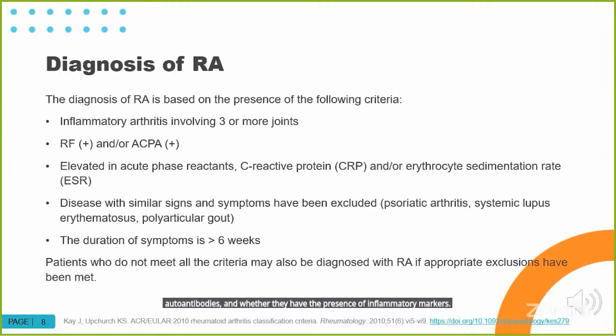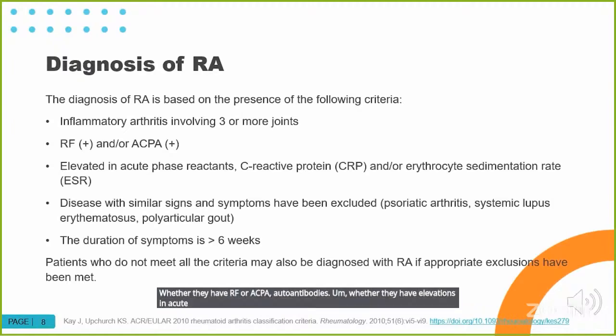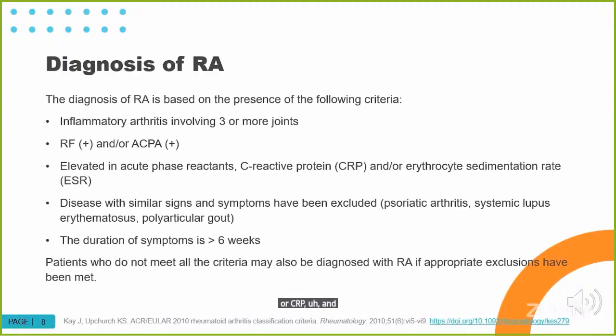So diagnostic criteria usually looks at whether the patient has inflammation or inflammatory arthritis involving 3 or more joints, whether they have RF or ACPA autoantibodies, whether they have elevations in acute inflammatory phase reactants such as C-reactive protein or CRP, and or elevations in erythrocyte sedimentation rate, or ESR.